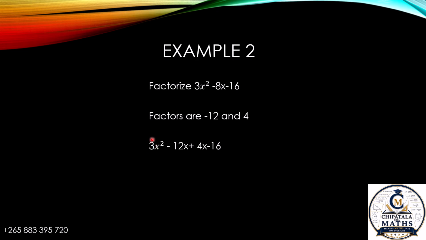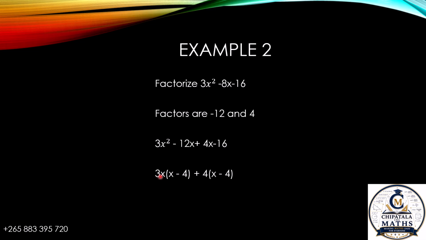First of all, here 3x is a common factor. It will go here as well as here. While here 4 is a common factor which can go here and also here.